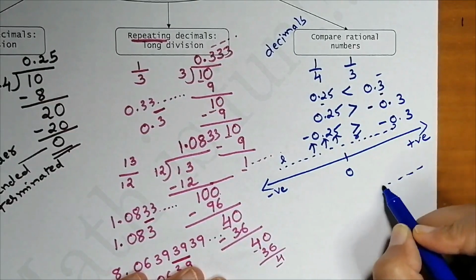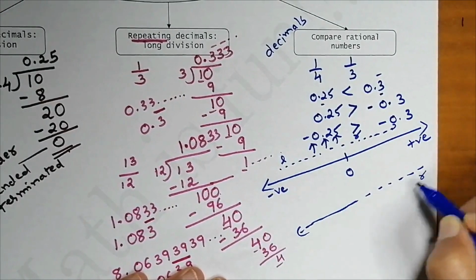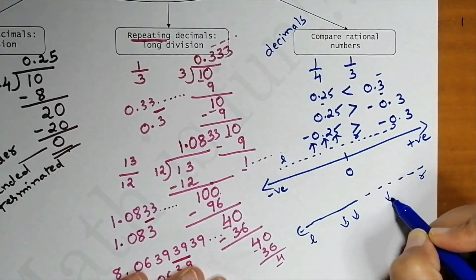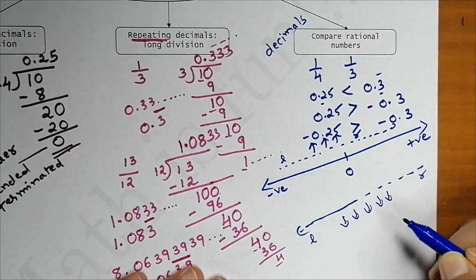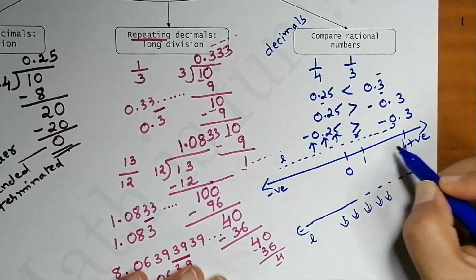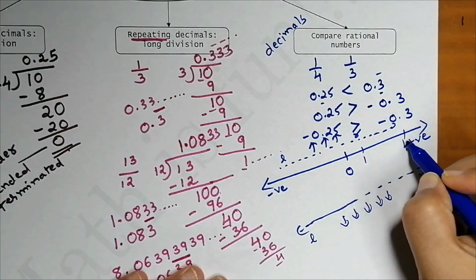And as we go from positive to negative, from right to left, the numbers keep decreasing. It's that simple, okay? Say, for example, 1 and 4. We're going from left to right, right? So this is smaller, this is increasing.